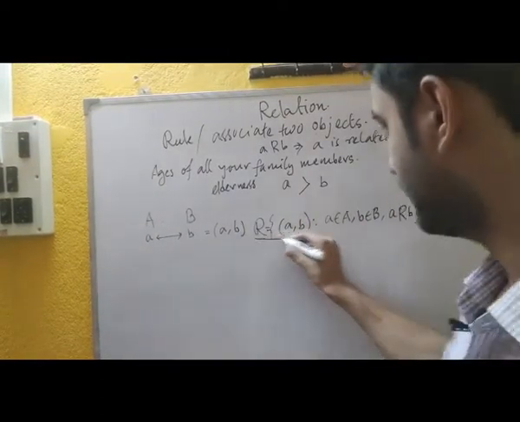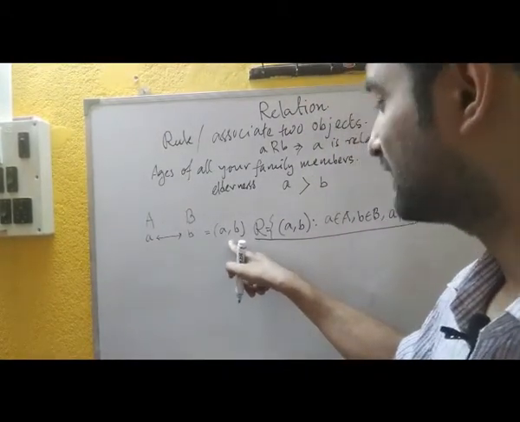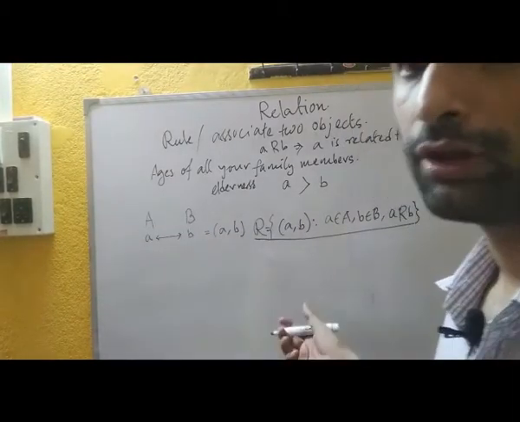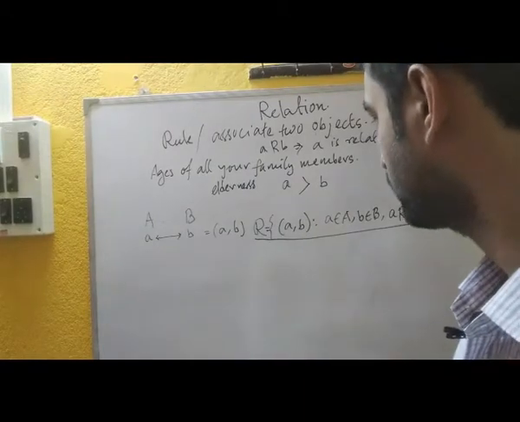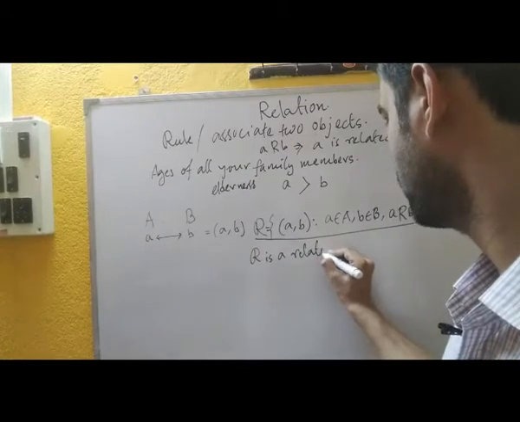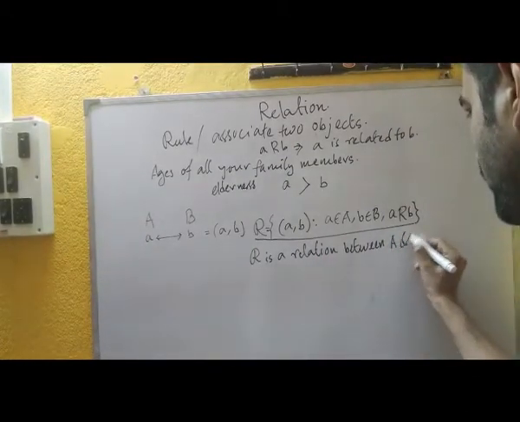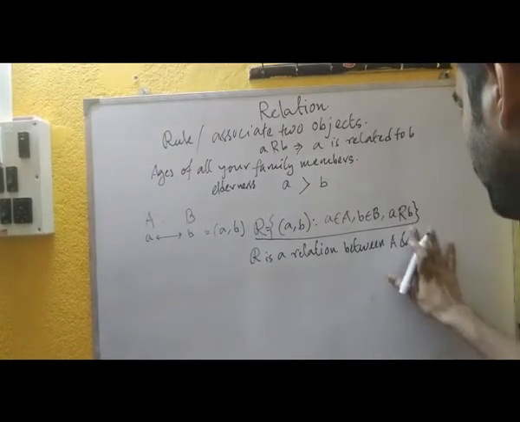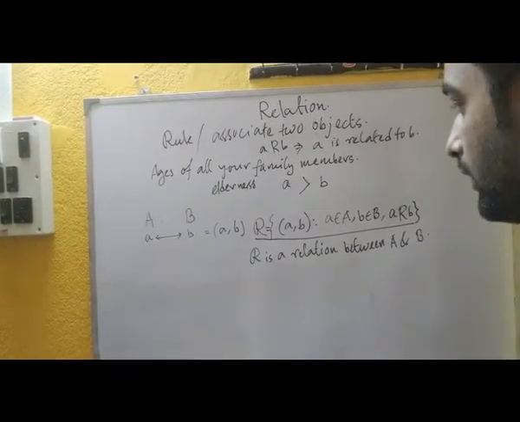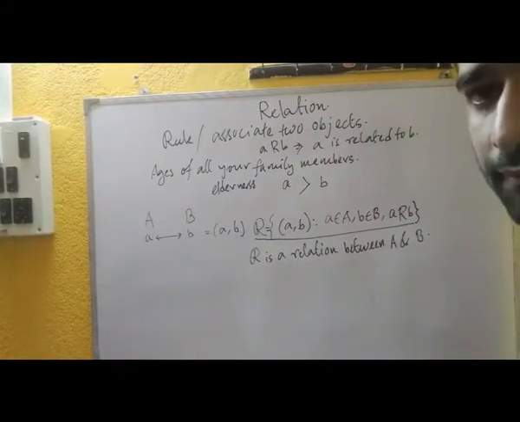So these kinds of sets, which consist of this kind of elements, which express the relationship between two objects in these two sets, is called a relation between A and B. So here we can say R is a relation between A and B. So this is the way we mathematically express a relation between two sets.